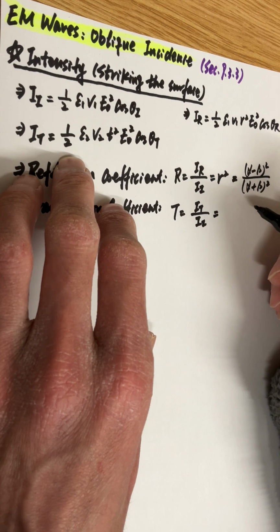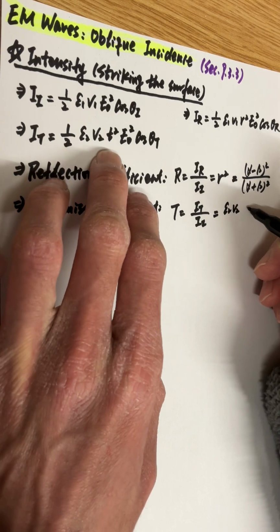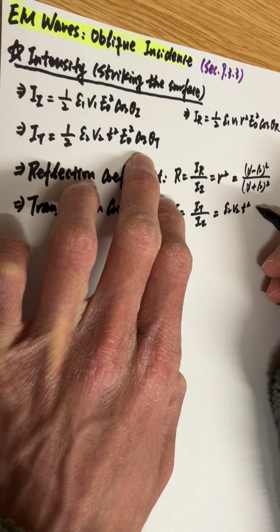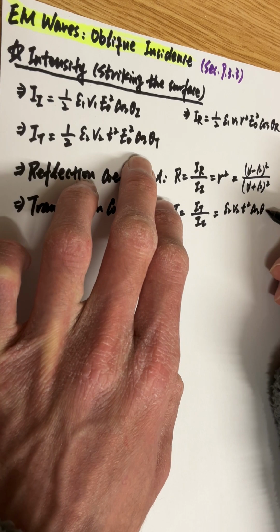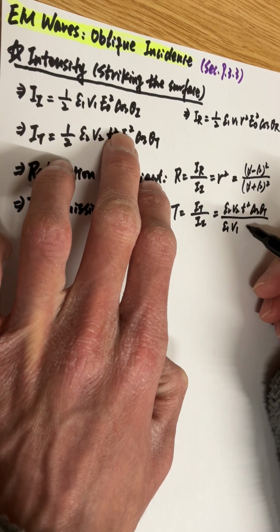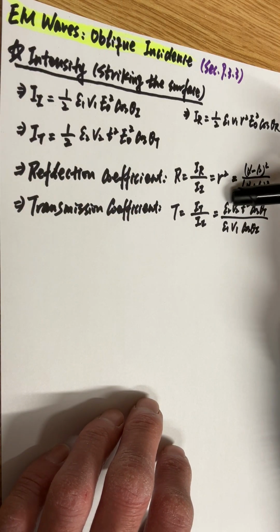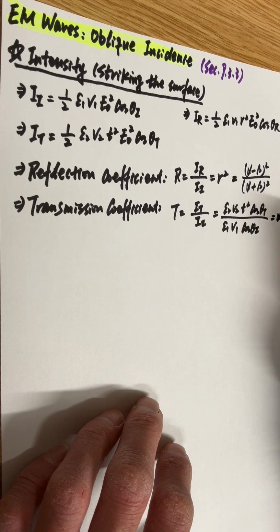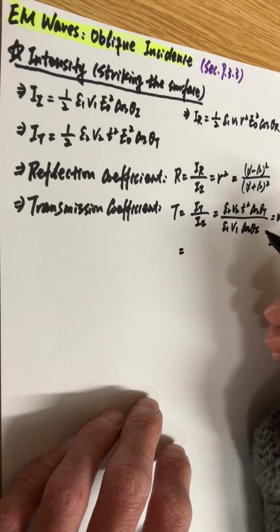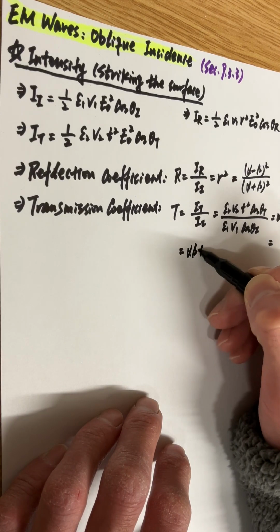We have epsilon 2 v2 t squared cosine theta t divided by epsilon 1 v1 cosine theta I. Actually, this gives us alpha, this gives us beta, and this gives us alpha, so we have alpha beta t squared.